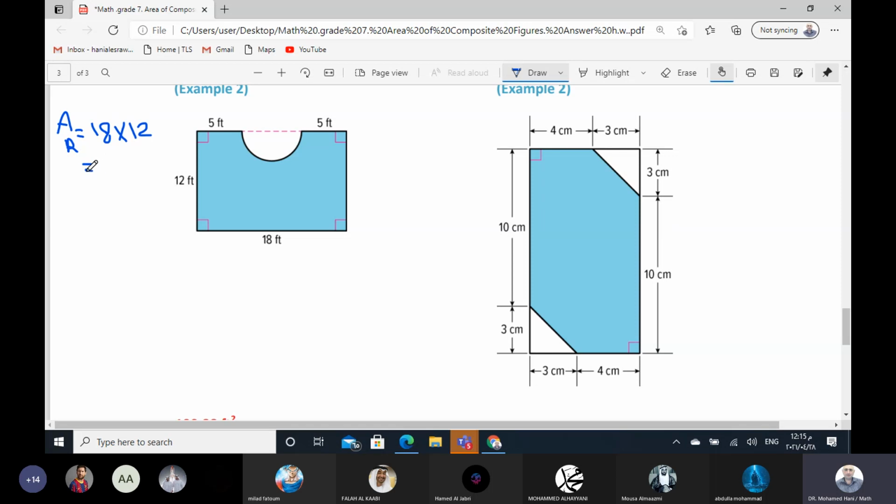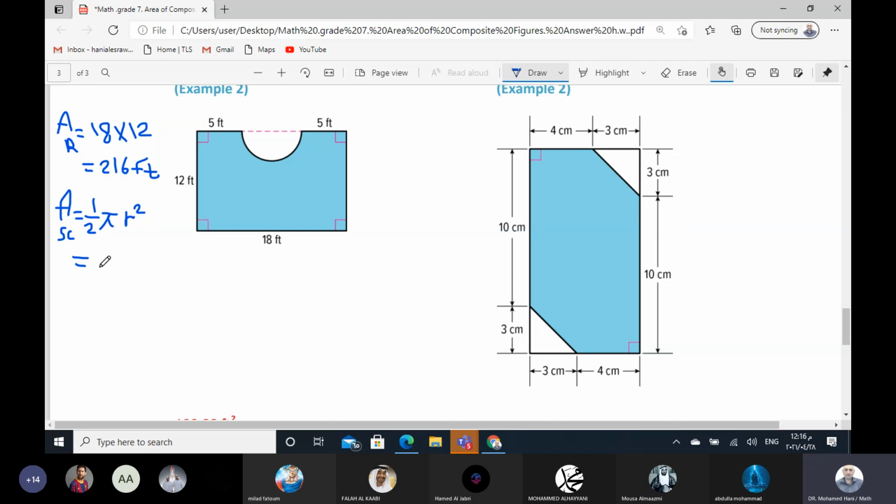Now 18 times 12 will be 216 ft squared. This is the area of the rectangle. Now I will find the area of the semicircle. Will be 1 over 2 pi r squared.